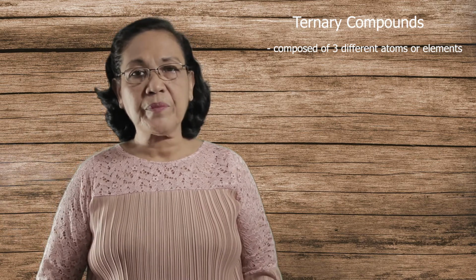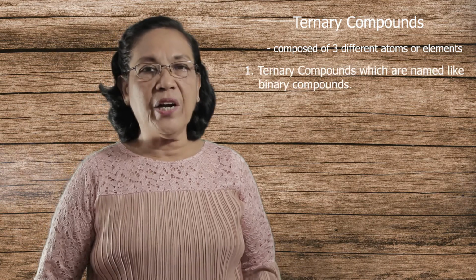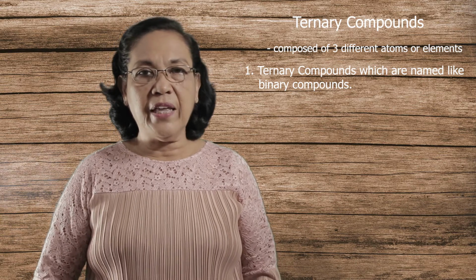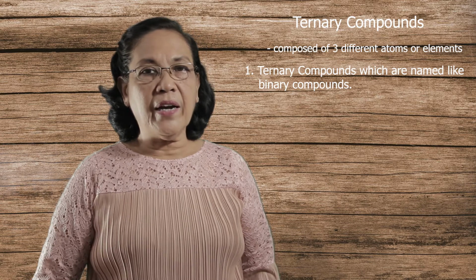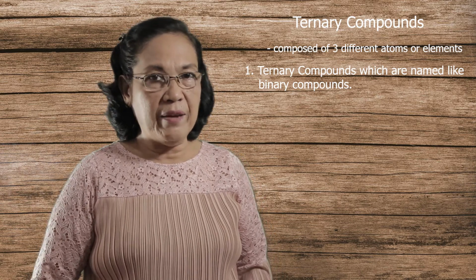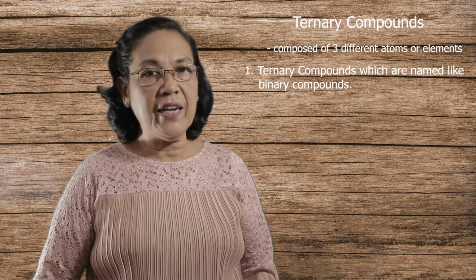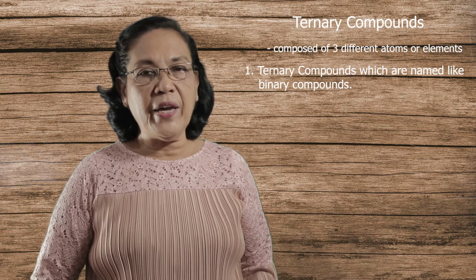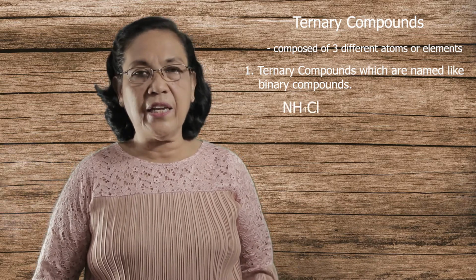One, we have ternary compounds which are named like binary. So, in this case, the cations are named by their real name, while the anion has the IDE ending. For example, we have NH4Cl.